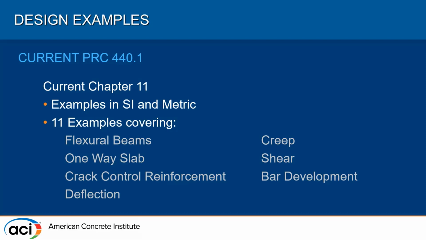I don't look at metric because I'm a US designer, but it does have a lot of really great examples. So I've got quite a few of these that I've already put into my Excel spreadsheet. So they're ready to use, put them in your spreadsheet and they just plug and chug. It's really easy.